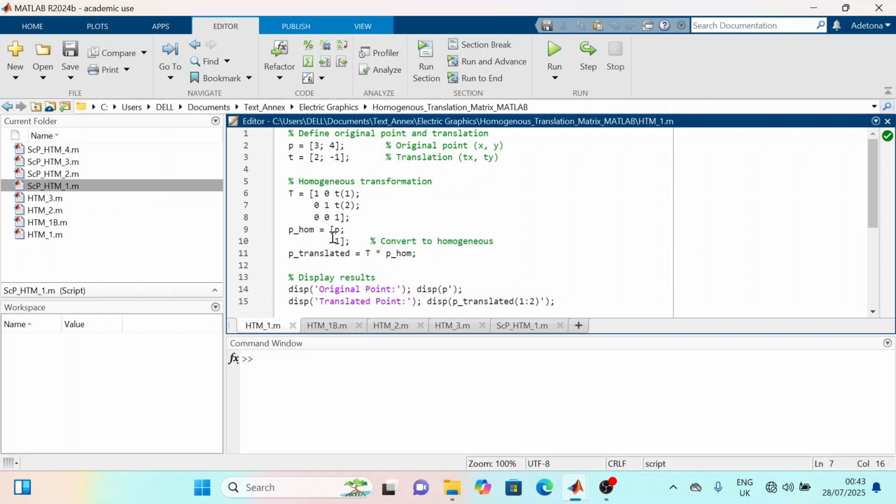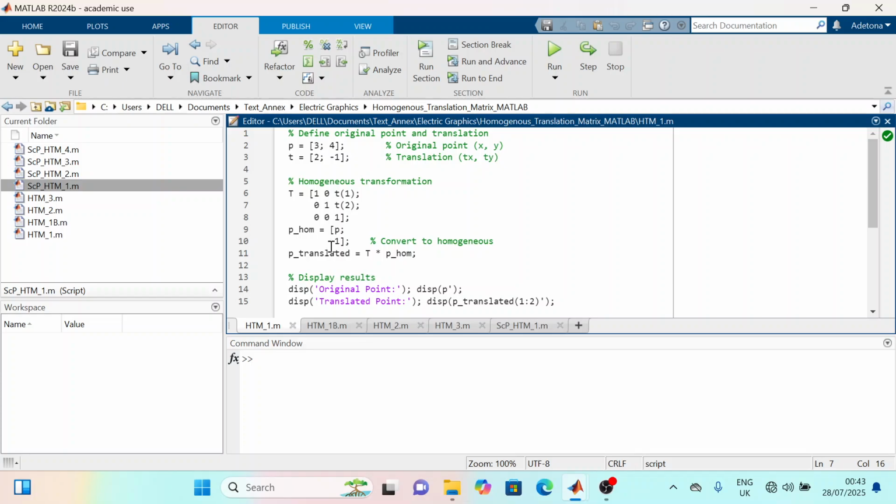Now, to have that vector, we have included another row. Row 3 contains 1, whereas P contained 2 rows, that is row 1 which contains 3, row 2 which contains 4, and row 3 which contains 1.